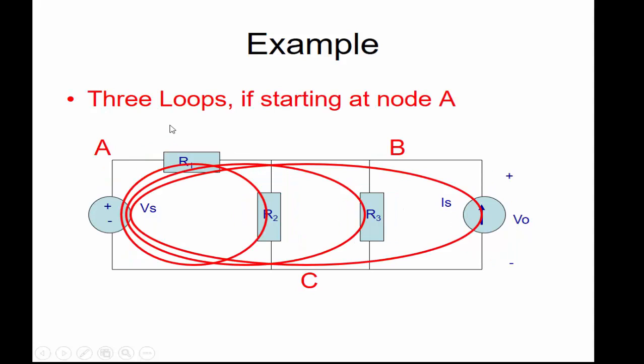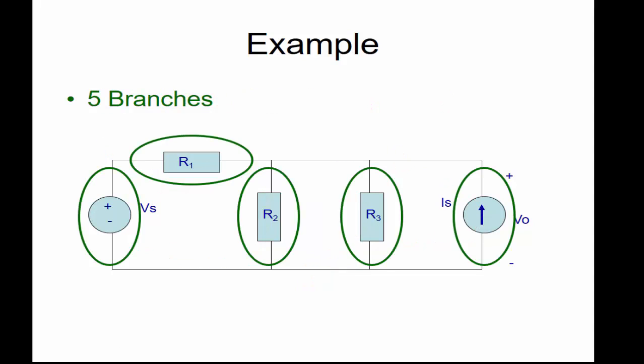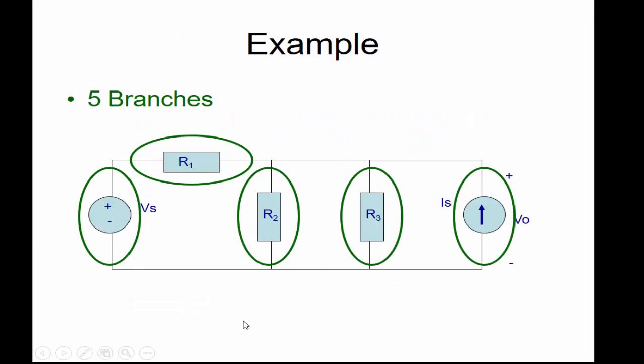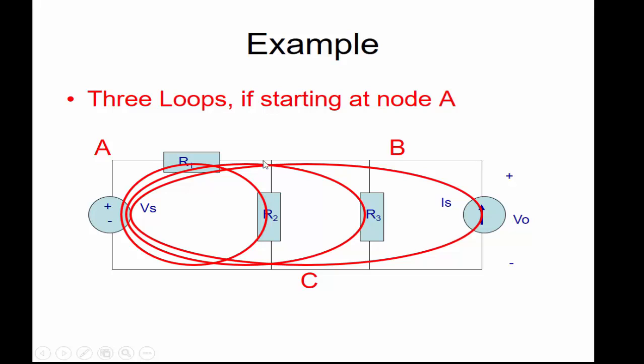Now we want to find how many loops. We did mention what a loop is: a collection of branches that form a closed path returning to the same node without going through any other nodes or branches twice. In terms of loops, if we start from point A, it's not difficult to see that we could have 3 loops.